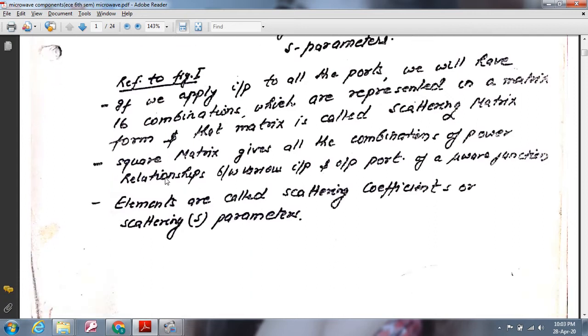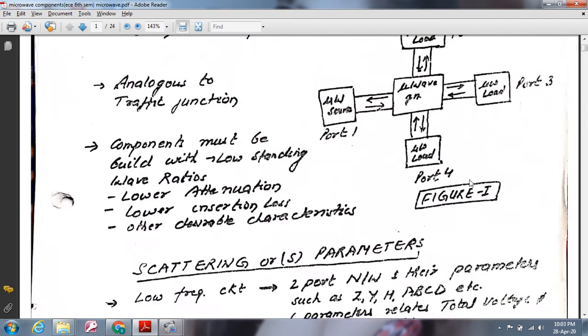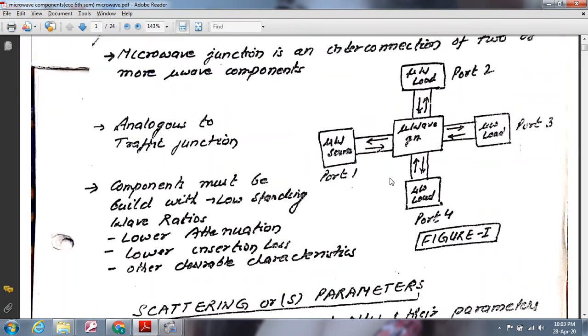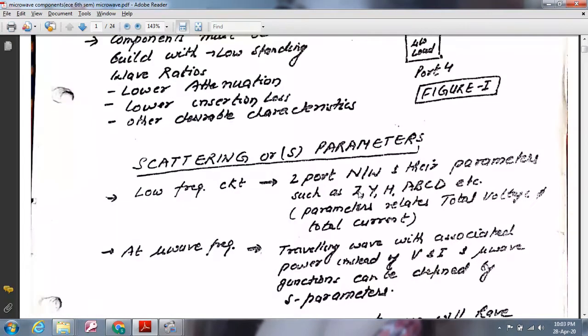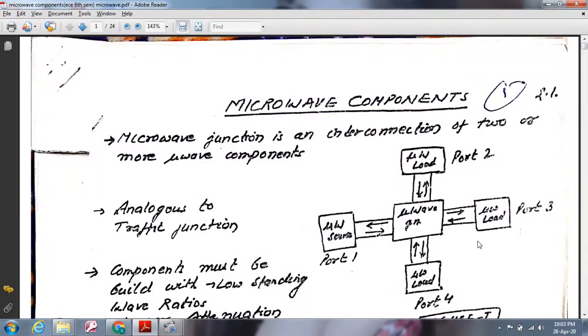Now the square matrix gives all the combinations of power relationships between various input and output ports of a microwave junction. So from this we can see what are the possible outputs corresponding to each and every possible input. Because this is 4 by 4 ports, possible combination will be 4 by 4. It will always be a square matrix.